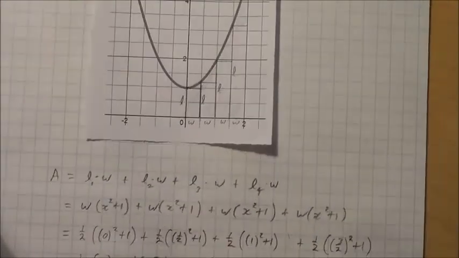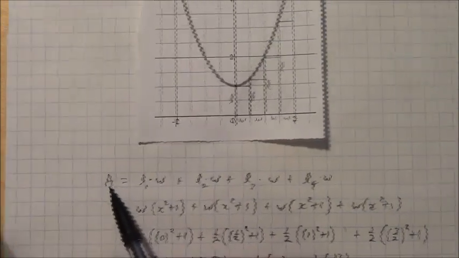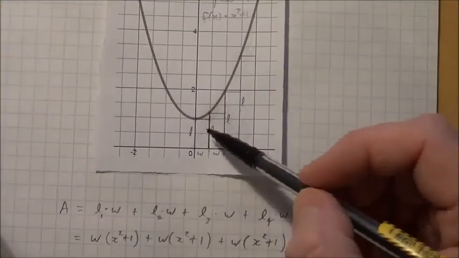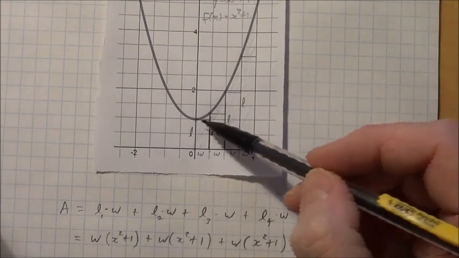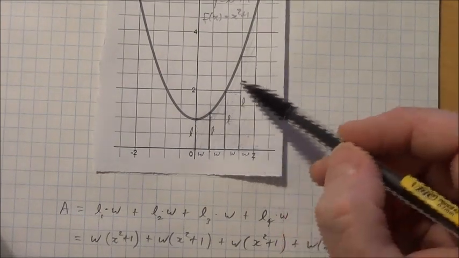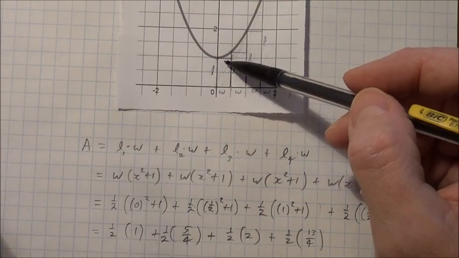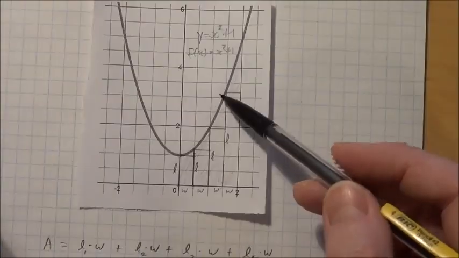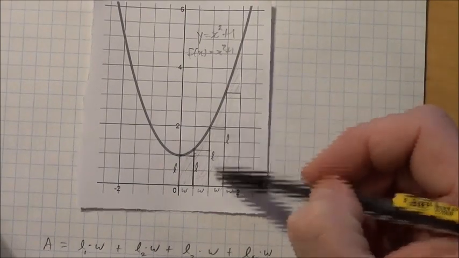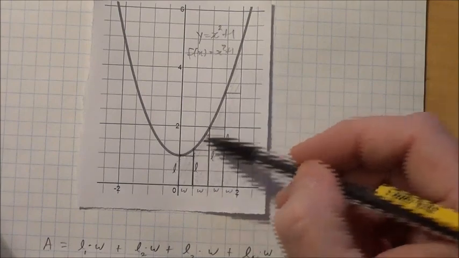So now, notice, of course, and I'm going to modify this notation a little bit for this area. Notice that all of these rectangular strips are below the curve. And notice also that this area that I just got, 3.75, is going to be less than the true area under the curve, because all these strips are under the curve there.